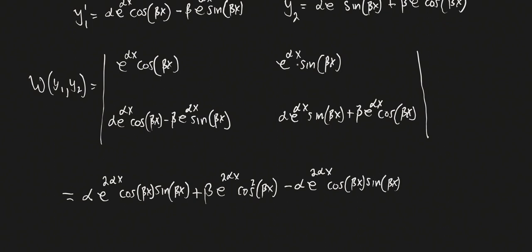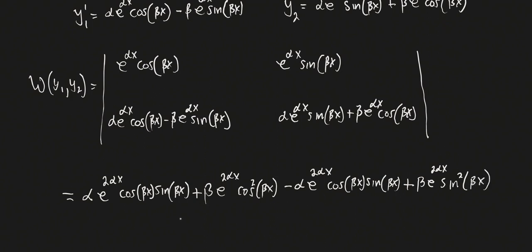And then, remember the minus sign in my determinant calculation, when I distribute it, will make this a plus sign. So this will be plus beta, and again, e to the 2 alpha x, and again, sine times itself. So sine squared beta x, right?